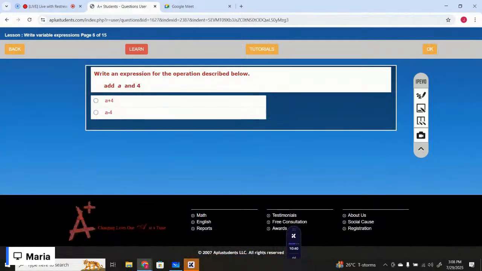Write an expression for the operation described below. That is add A plus 4.